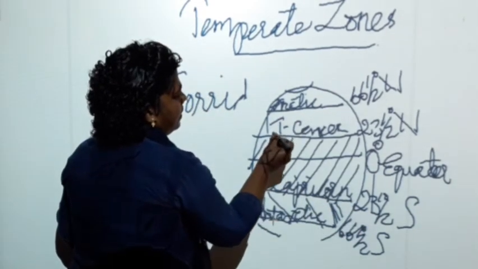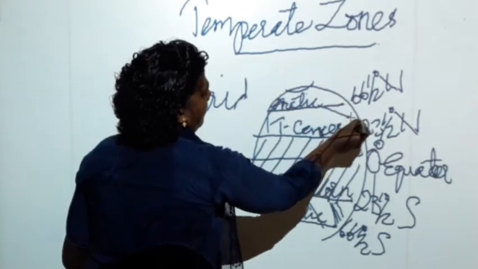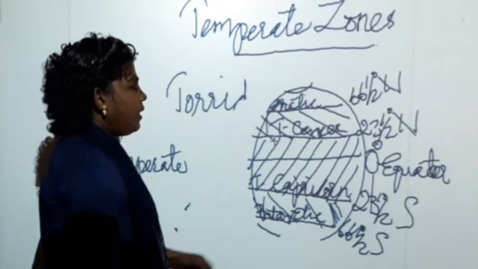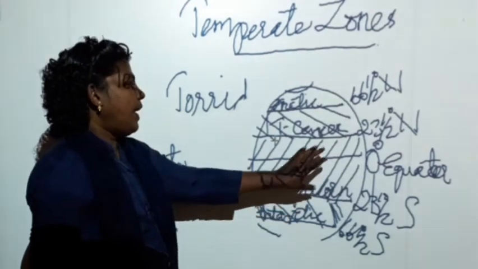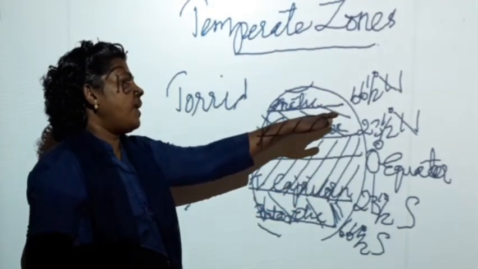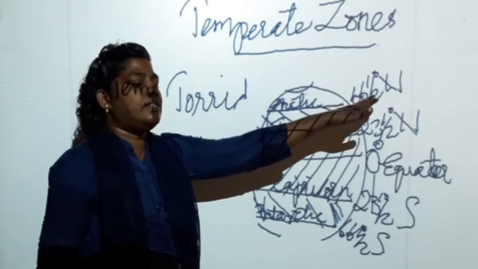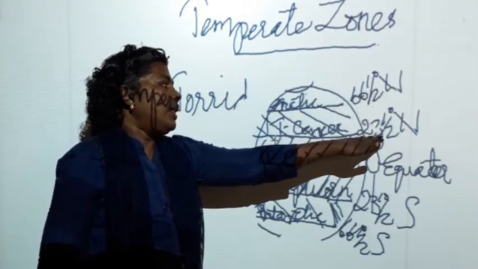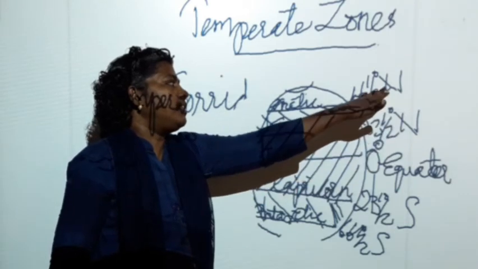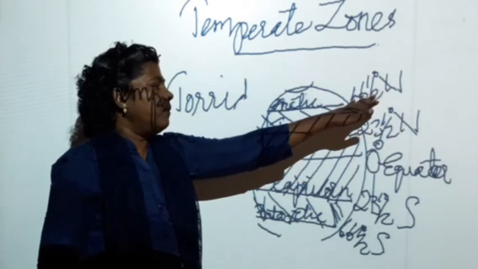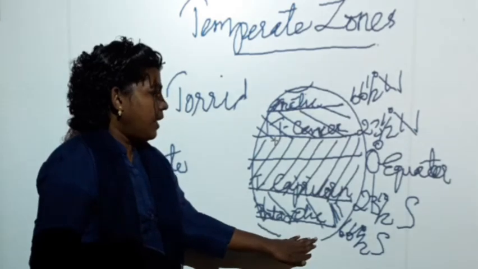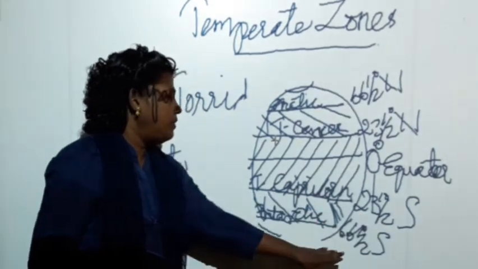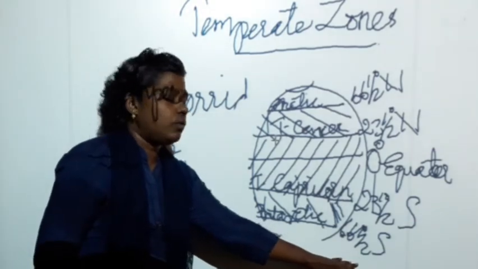So this region is called the temperate zone. Temperate zone lies above the Tropic of Cancer till 66.5 degree north, from 23.5 degree north to 66.5 degree north, and below the equator, 23.5 degree south to 66.5 degree south.